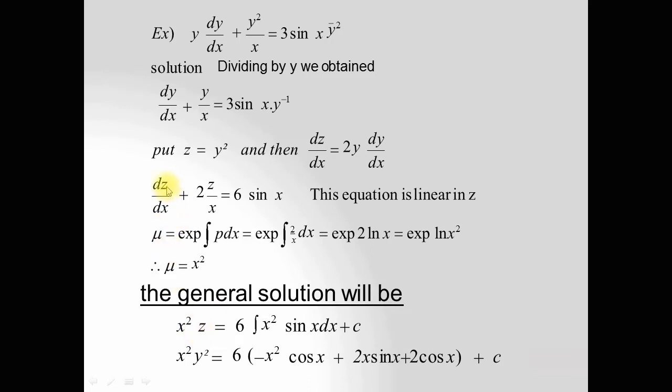Here the dependent variable is z, is equal to the integration of the product of the integral factor and the q function, and 6 sine x is the q function.